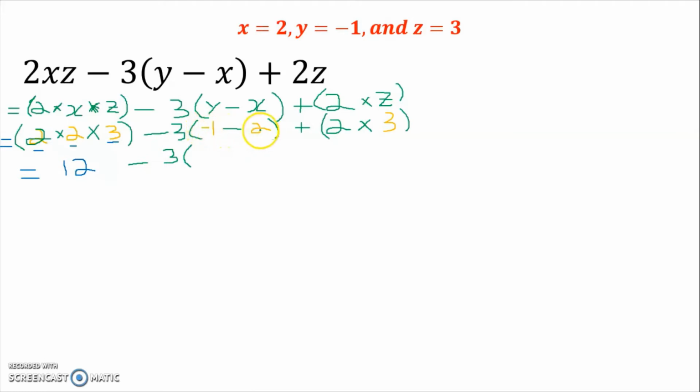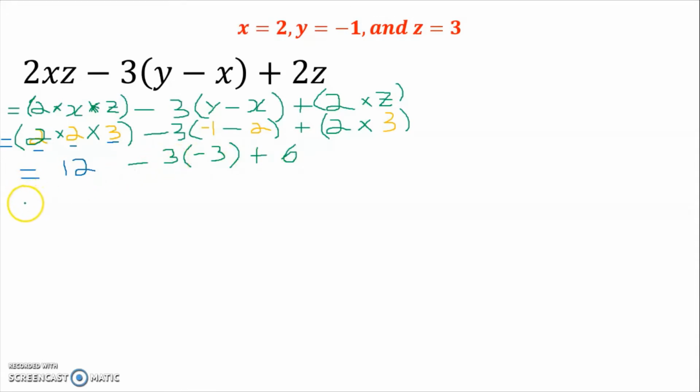Negative 1 subtract 2 would give us negative 3 because the signs are the same. Therefore, we add and keep the negative sign. Bring down the plus sign from here, and then 2 times 3 is 6.